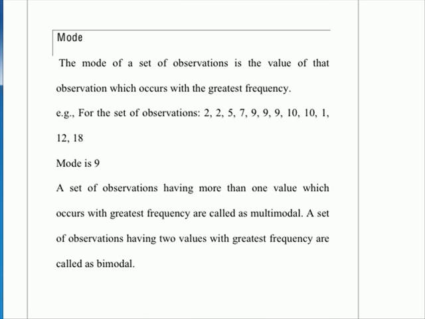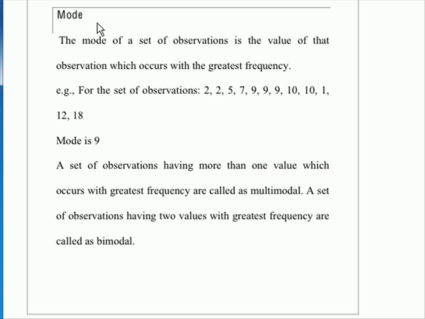The last one is mode. Mode is merely the observation that occurs with the greatest frequency. Remember the definition of frequency that we discussed is basically the number of times that a specific value or observation occurs.